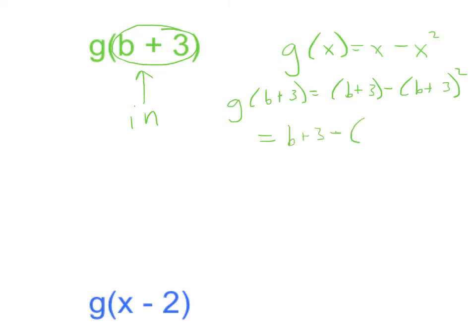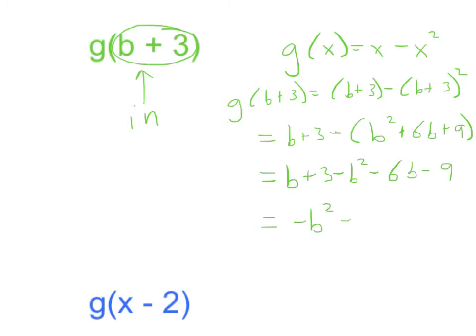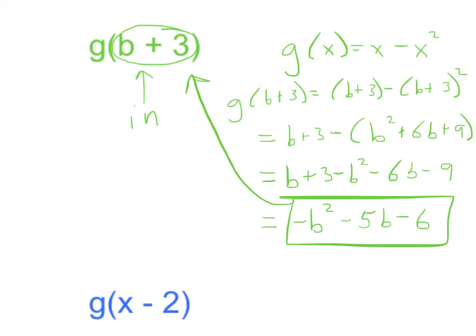I'm going to end up with b squared plus 6b plus 9. From there, I can distribute that negative, get b plus 3 minus b squared minus 6b minus 9, and then finally combine like terms. Negative b squared minus 5b minus 6. And this expression right here is g of b plus 3.